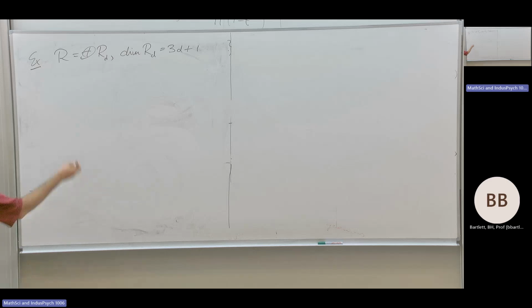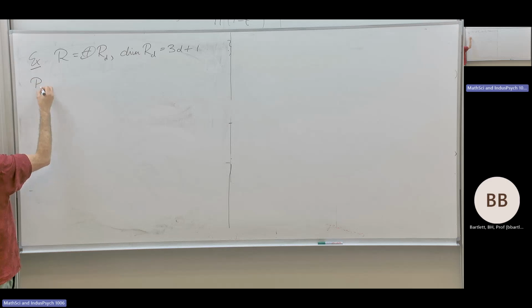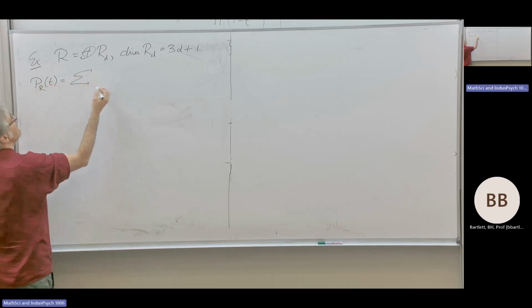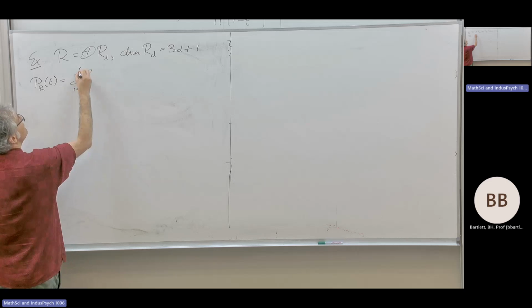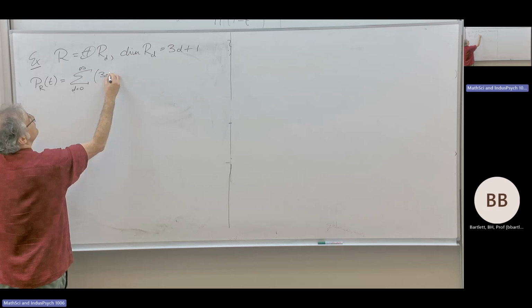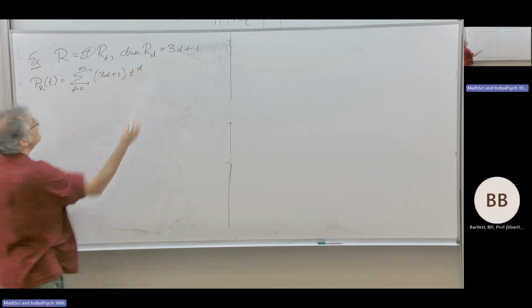So I've given you the dimension, so we can build the Hilbert function. I won't do it by hand, but the Hilbert function of this ring is the sum over d from 0 to infinity of (3d plus 1) t to the d.